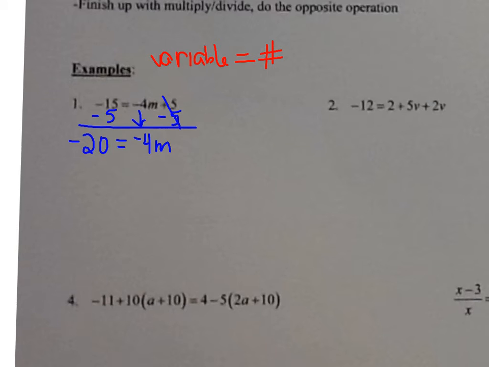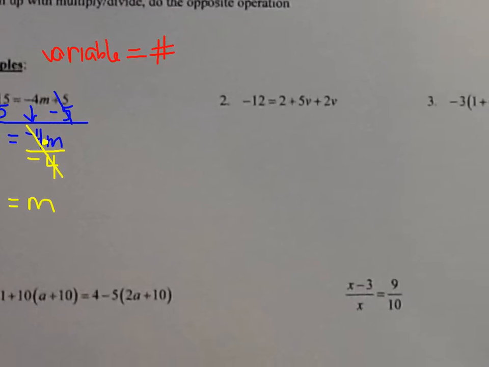Remember, negative 4m is really negative 4 times m. So the opposite operation of times is divide. I'm going to divide by negative 4 on both sides. Negative 4 divided by negative 4 becomes 1, so I'm just left with 1m equals. And negative 20 divided by negative 4 is negative 5. And then I'm done.